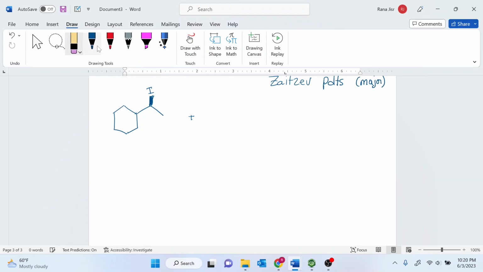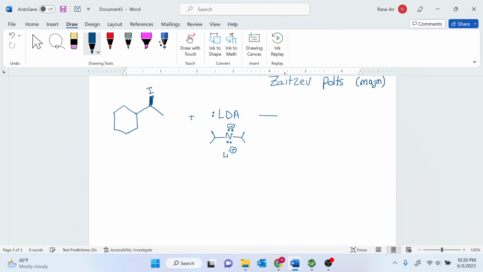Let's do the LDA. So I'm just going to write it as LDA. This is lithium diisopropylamide, so this is its structure in there. You have 2 isopropyl groups next to the nitrogen in here, and lithium balances the charge.